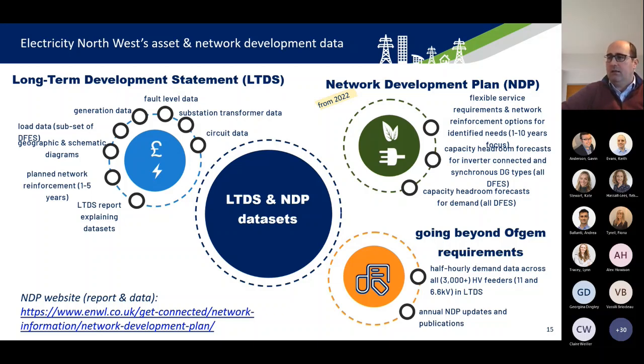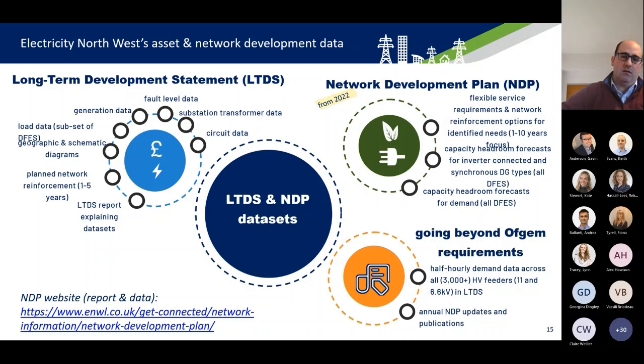There is more data around network assets that you can find in our LTDS. So you can find data around all circuits and all transformers. You can find data on fault levels. There are geographic and schematic diagrams. In our LTDS data, we go beyond what is a license requirement for LTDS. So you can find full half-hourly through-year data for all HV feeders.